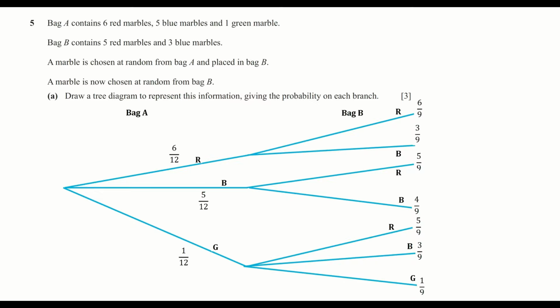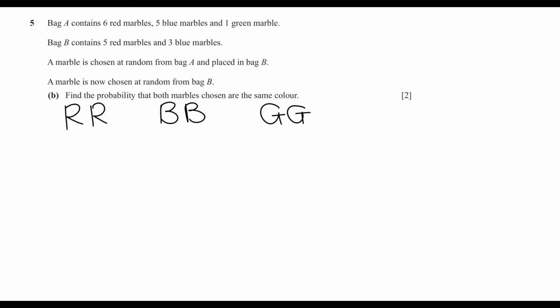If we have a red marble in bag A, 6/12, and a red marble in bag B, 6/9, we're working with one probability and another. So we can multiply these together, 6/12 and 6/9. Or we could have 2 blue marbles.